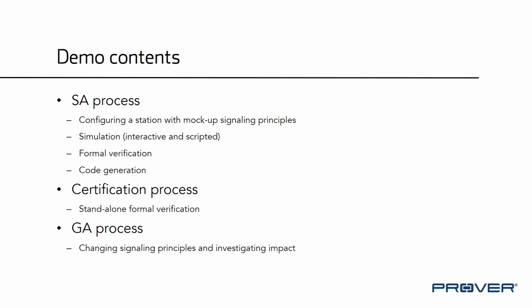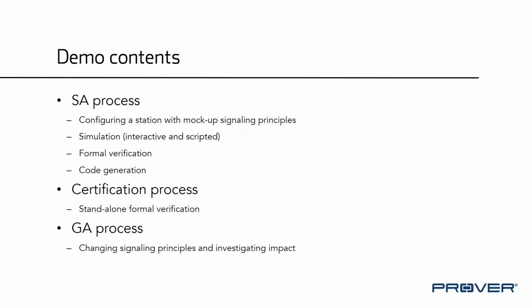I will show you some simulation we offer in the tools, both interactive simulation and scripted simulation. We also have formal verification built in and code generation. I will then show how you can certify an interlocking software that has been developed in this way. And in the end, I will give you some hints on how to make a generic application, how you implement the signaling rules in the language we offer.